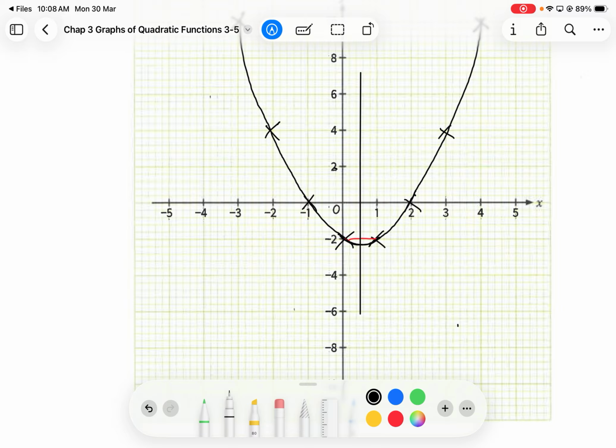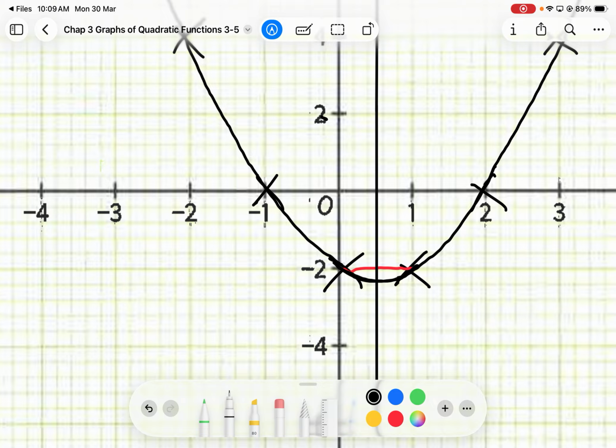Line of symmetry for all your quadratic curve, quadratic graph is a vertical line. A vertical line that your graph can reflect. Okay? So, this is my line of symmetry. This distance, same as this distance. This distance, same as this distance. That is why we call it the line of symmetry.